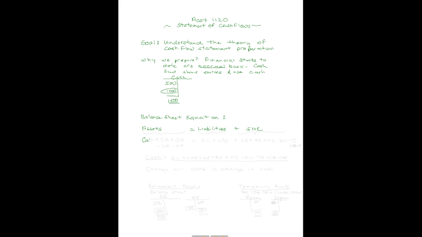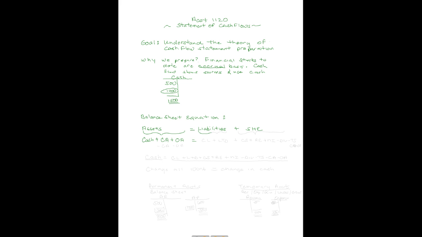I want cash by itself. I want to pull out current assets, and I want to pull out all other assets. I'm going to write OA for other assets. So I've expanded my asset side to include 3 categories: cash, current assets, and other assets.